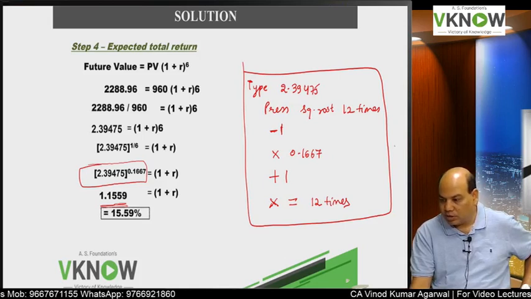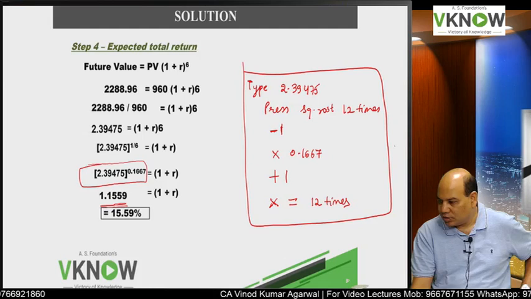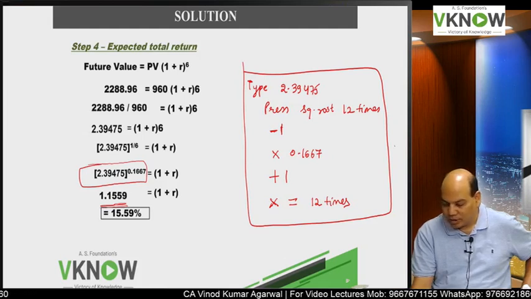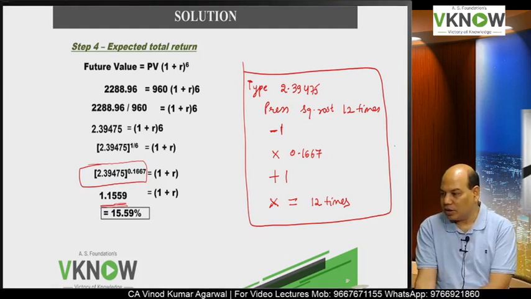So the answer will be r is equal to 15.59%. Are you there on the other side? I am not getting response from all the students. So 15.59% is the realized yield to maturity.